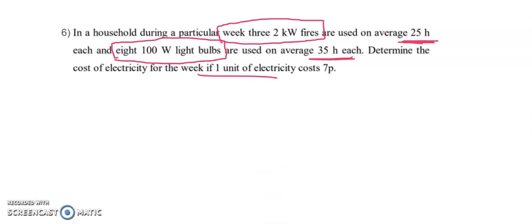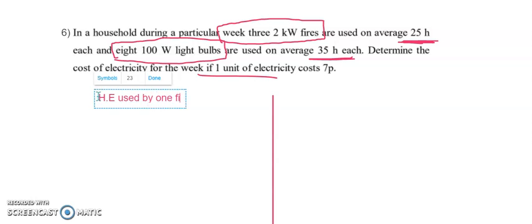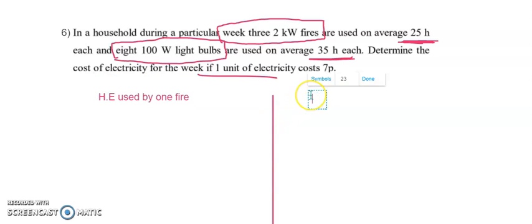So what I'm going to do is divide it into 2 parts, and I'm going to write down on the left: heat energy used by one fire. First I'll calculate for 1, then I'll multiply it by 3. Then heat energy used by one bulb.